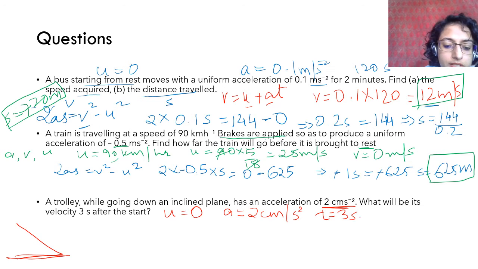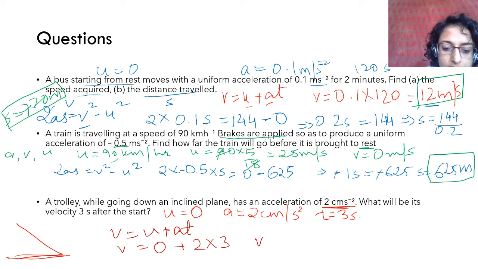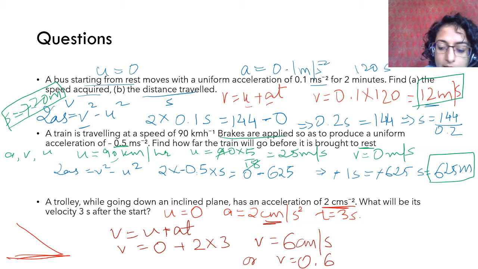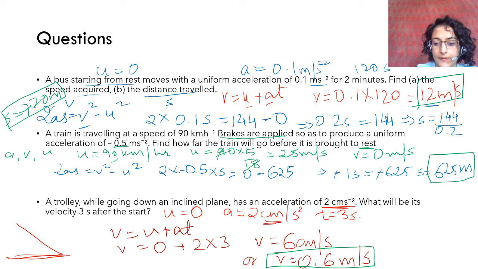We use a simple formula, v is equal to u plus at. u is 0, a is 2, time is 3, therefore velocity is equal to 6 centimeter per second.